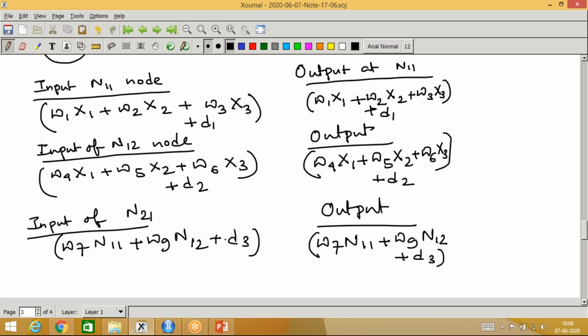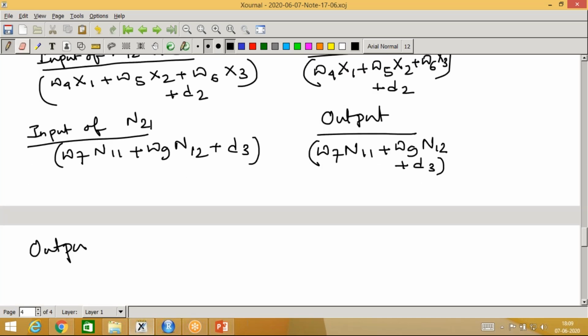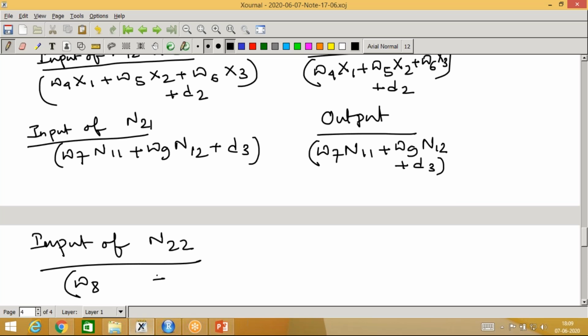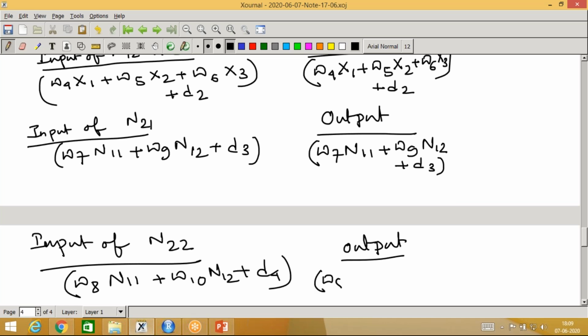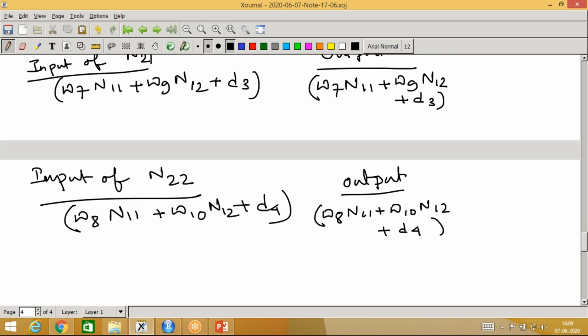And input of N22 is basically W8 plus W10 plus D4, and output is also the same. Fair enough. As of now, do you have any query?